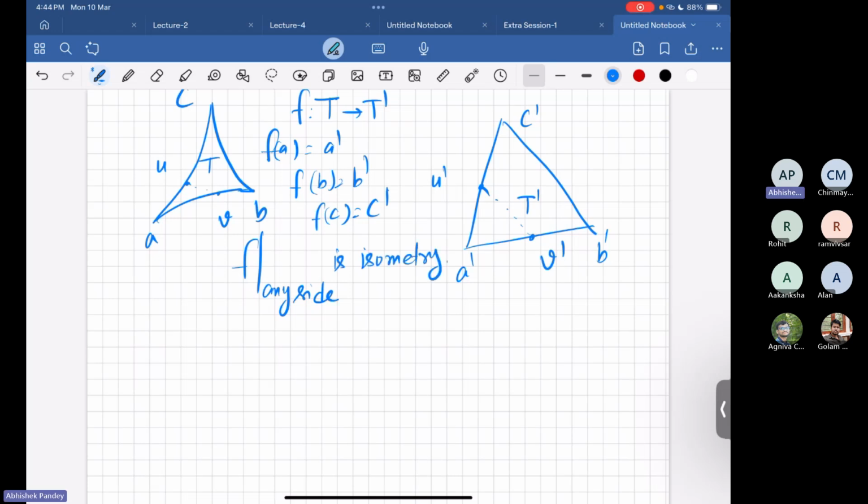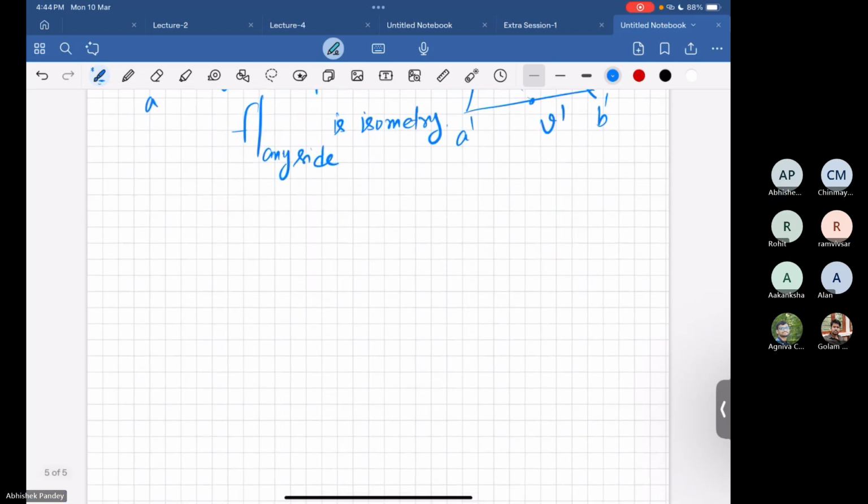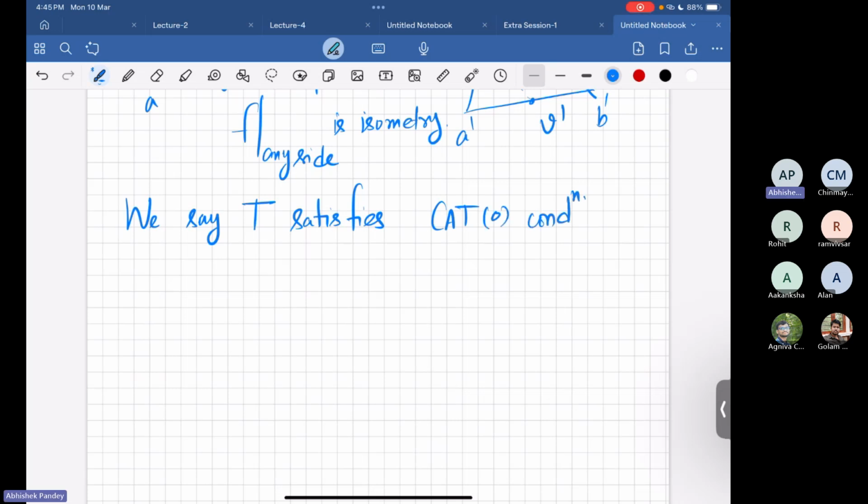Okay, so we say T satisfies that zero condition if for every u, v belonging to T, the inverse image, f inverse, is one-Lipschitz.